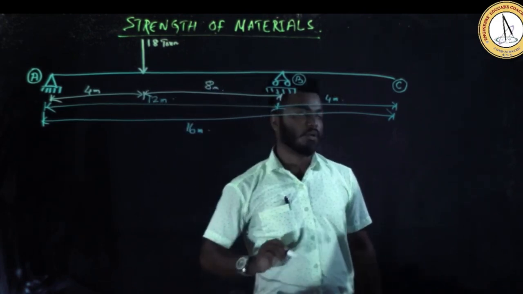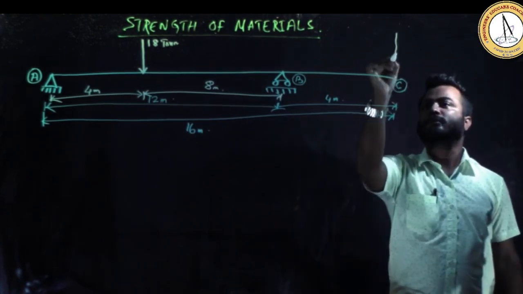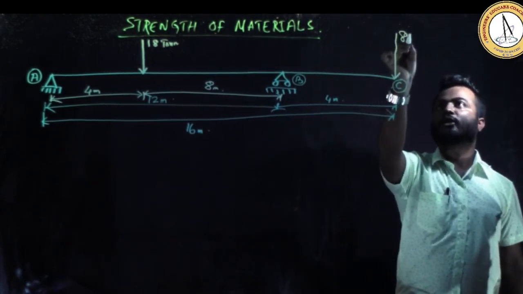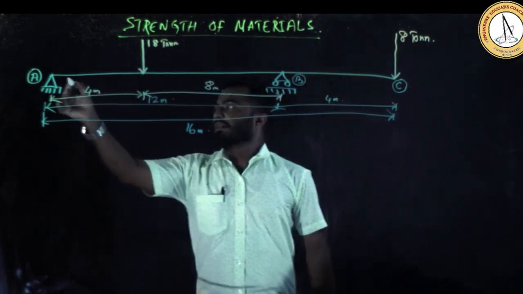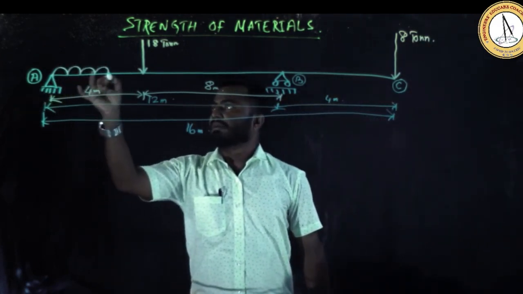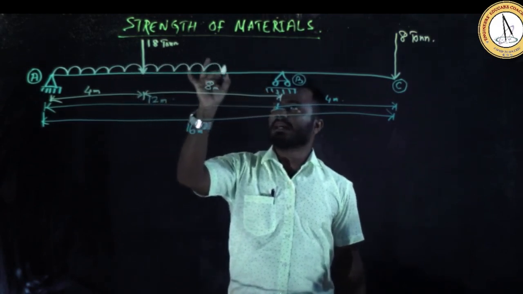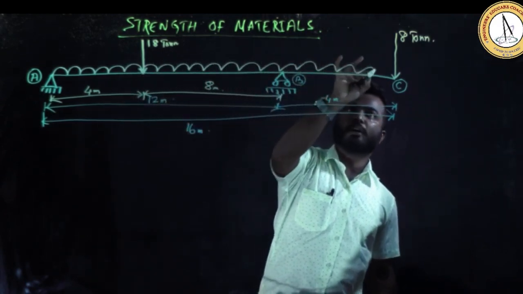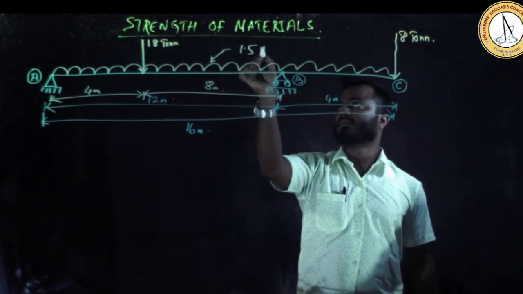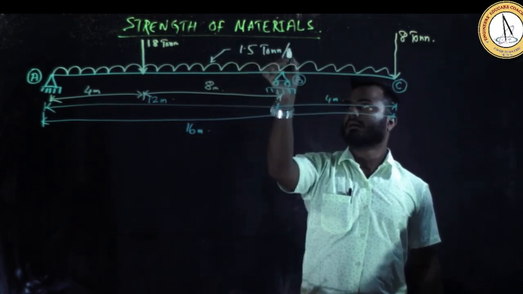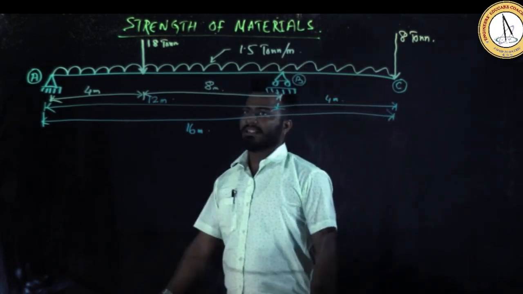There is another point load at C, having magnitude 8 ton. And over the whole span of the beam, there is one UDL having intensity 1.5 ton per meter. So this is the problem.